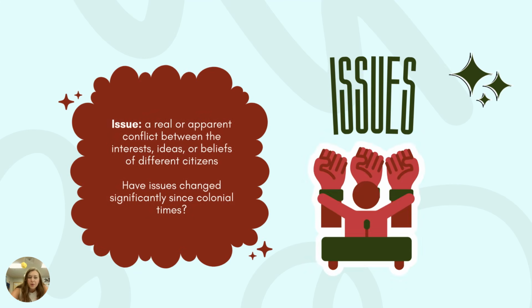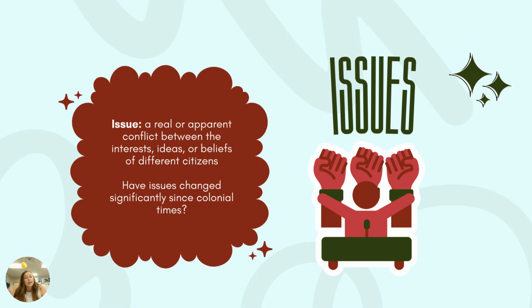I've mentioned a few issues where, I said, Trump versus Harris might disagree on an issue like immigration. I'm going to ask you to pause the video and take a minute to identify 3 to 4 issues that are present in the United States today, right? For a definition, it says an issue is a real or apparent conflict between the interests, the ideas, or the beliefs of different citizens.